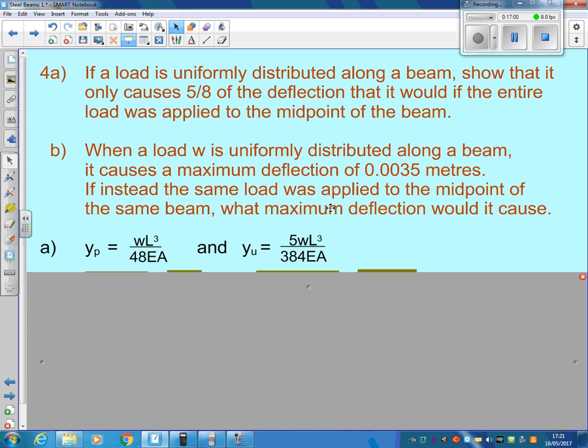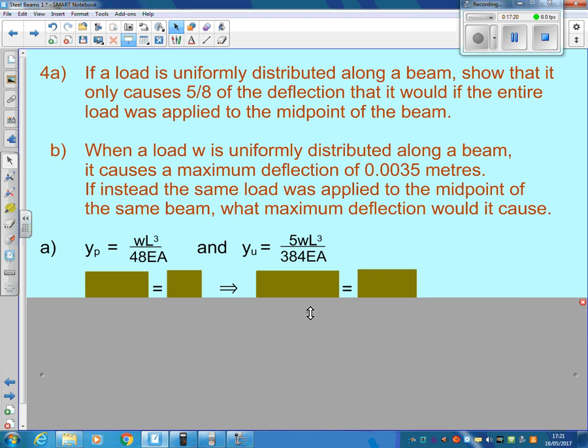See, it's slightly different. And it's saying show that if it is a uniform load, that one is 5/8 of that one. The uniform load is 5/8 of the deflection for the point load. So if it's all being applied in the same place, it makes it bend more. Let's have a look at it.